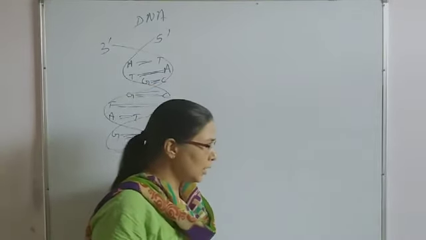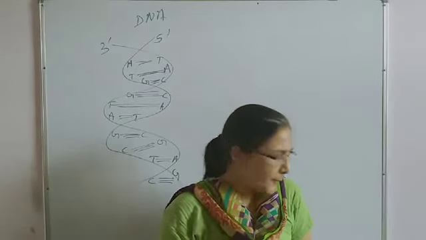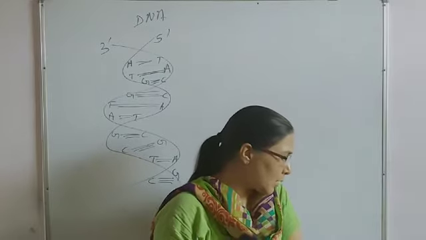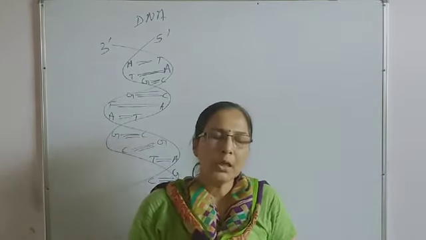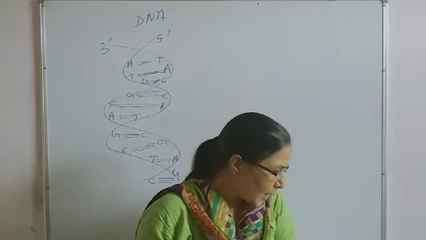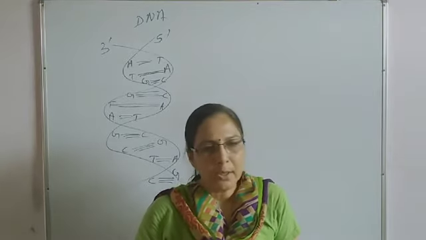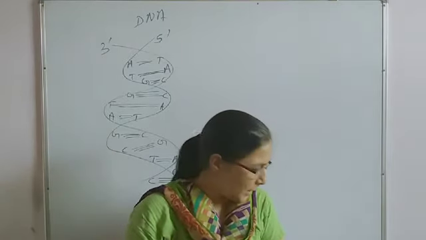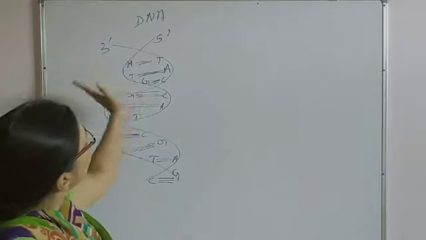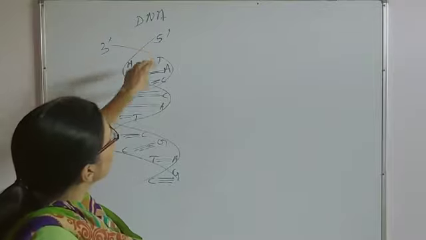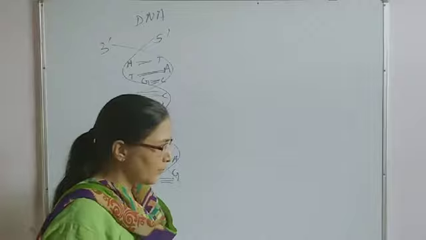So again I am summarizing that the two strands are antiparallel, meaning the 5' and 3' phosphodiester linkages run in the opposite direction. But for both strands of the double helical structure, the axis remains the same. Perpendicularly, these bases form hydrogen bonding inside.